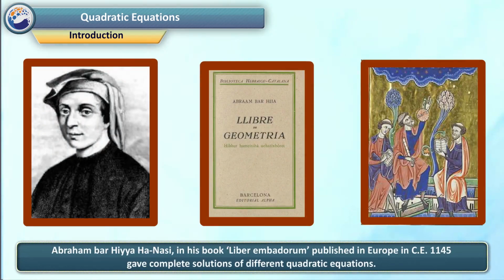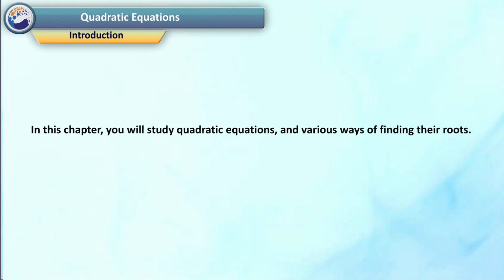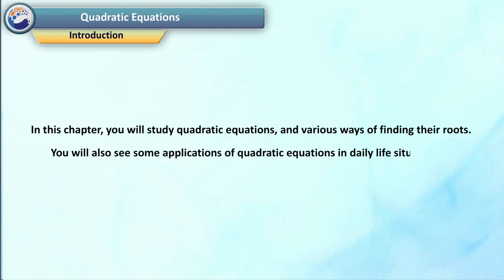Abraham Bar Hiya-ha-Nasi, in his book Liber Embadorum, published in Europe in CE 1145, gave complete solutions of different quadratic equations. In this chapter, you will study quadratic equations and various ways of finding their roots. You will also see some applications of quadratic equations in daily life situations.